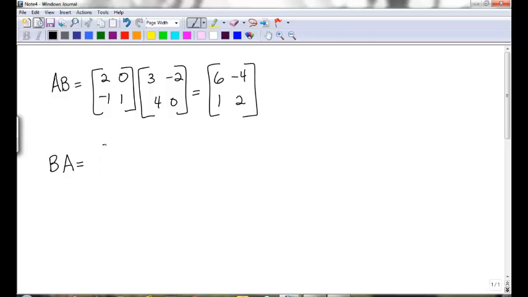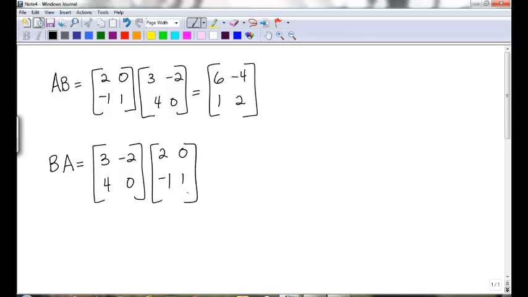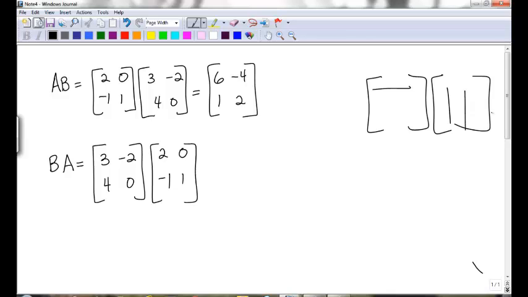Okay, so B was the 3, negative 2, 4, 0, and the A was the 2, 0, negative 1, 1. When you multiply, you stay with rows in the first one times columns in the second one until you exhaust all the columns.